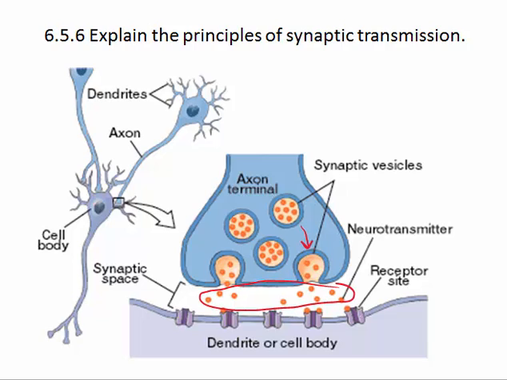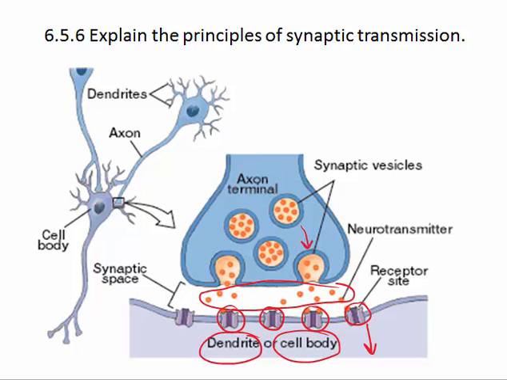They bind to the receptor proteins in the postsynaptic cell, and they send a signal inside the postsynaptic cell, either for stimulation of that cell body or stimulation of that new dendrite.